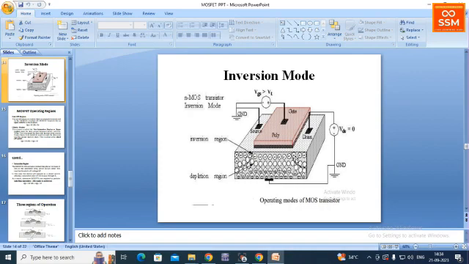As a result, the current flows from drain to source. That's why this is called an N-channel enhancement MOSFET, because the channel is made of N-type semiconductor material. The N-channel is formed between the source and the drain.